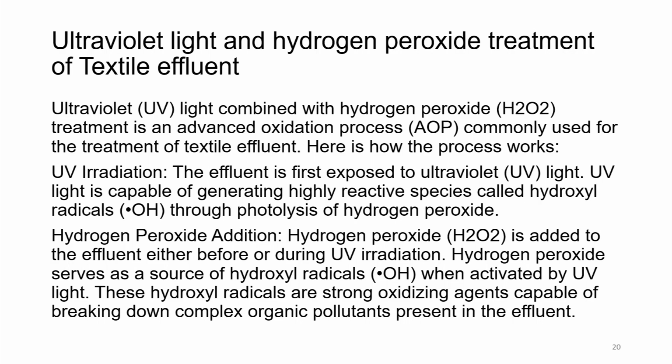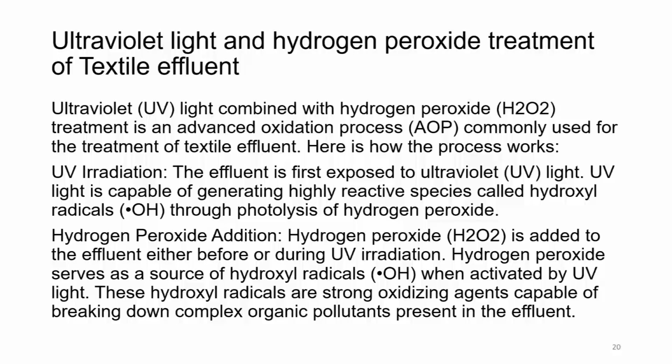UV radiation. The effluent is first exposed to UV light. UV light is capable of generating highly reactive species called hydroxyl radicals through the photolysis of hydrogen peroxide. So, H2O2 breaks into 2 •OH. Hydrogen peroxide addition.